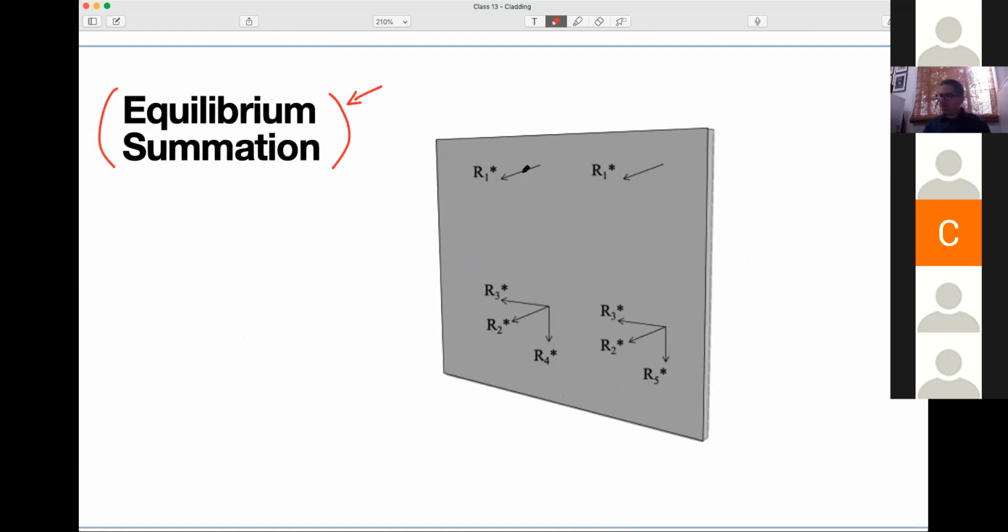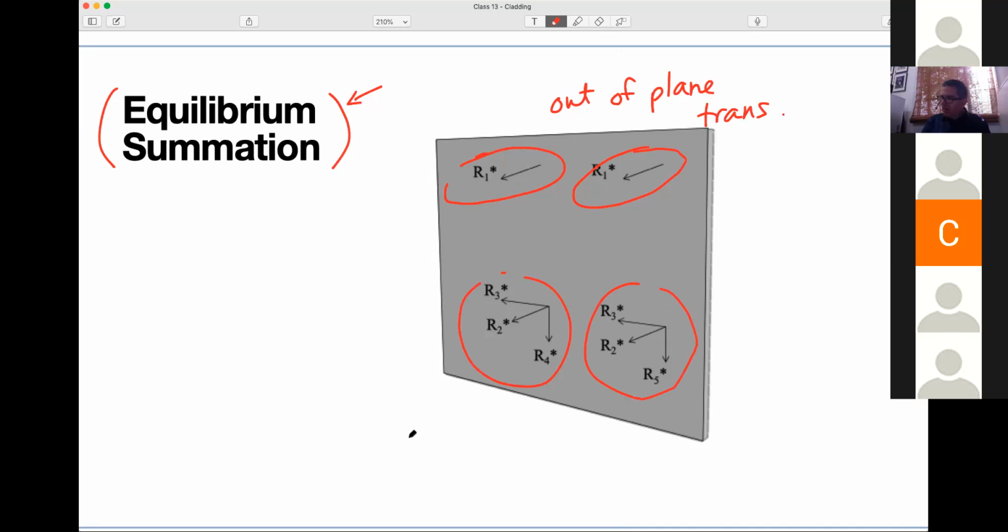And so this picture right here really brings out the fact that up here we are restraining really only out-of-plane translation. Down here, we are restraining all three translations.